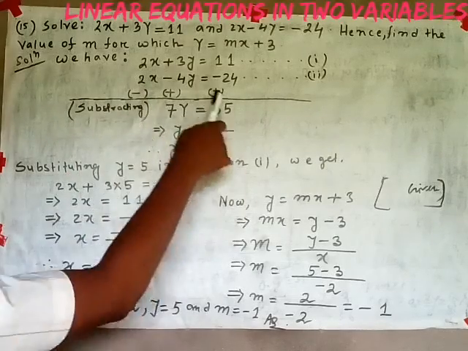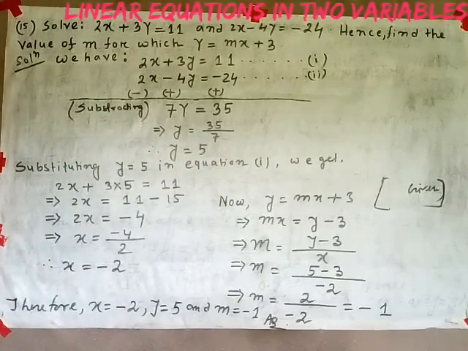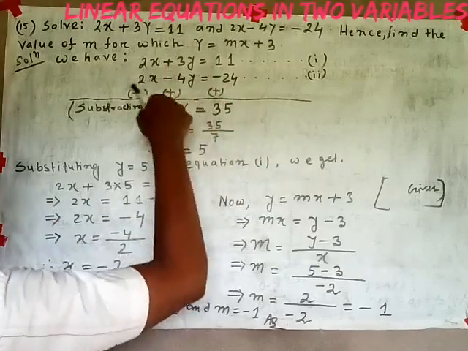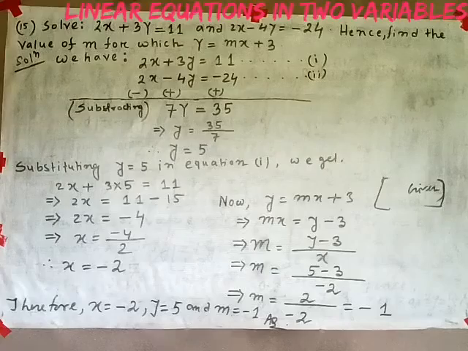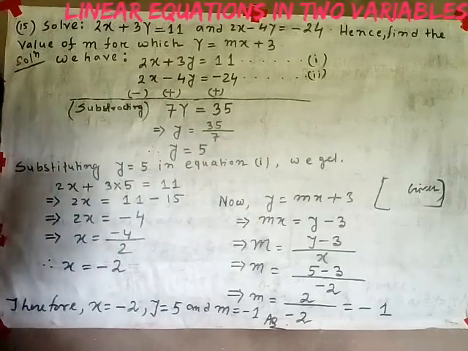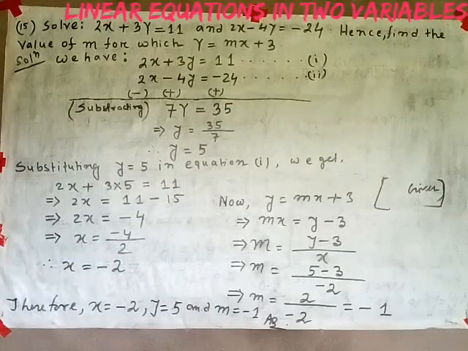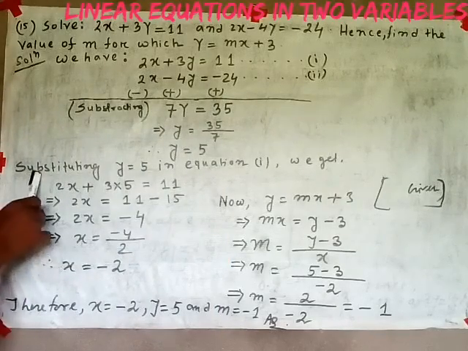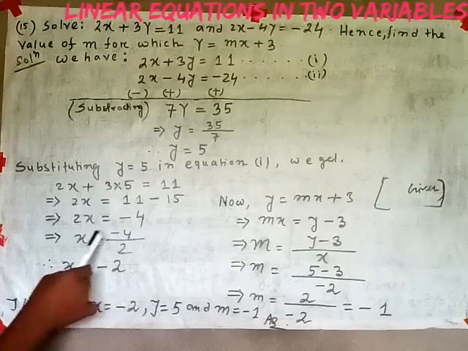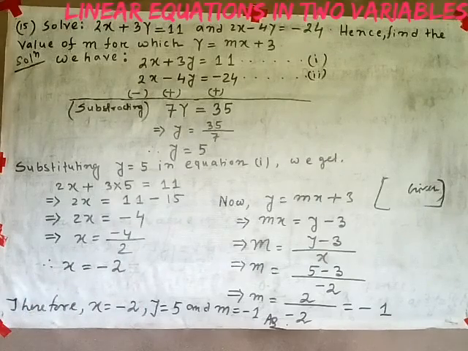From there we find the y value, y equal to 5. Then we put the y value in equation number 1, since in equation number 1 there is no negative symbol. After putting the y value in equation number 1, we get the x value is minus 2.